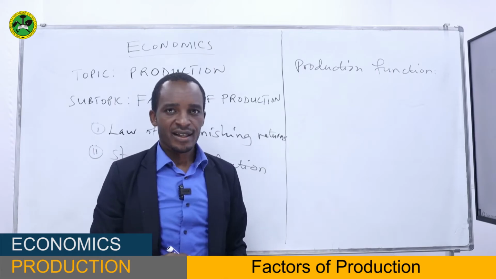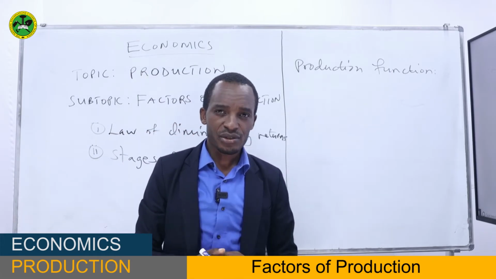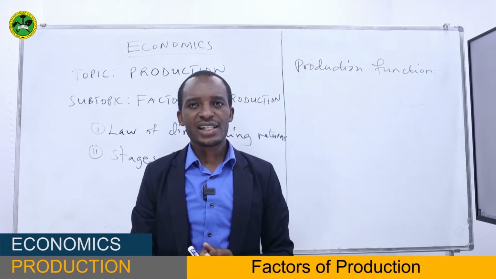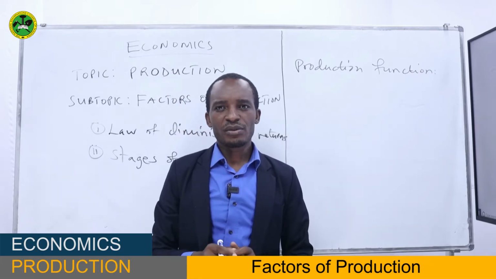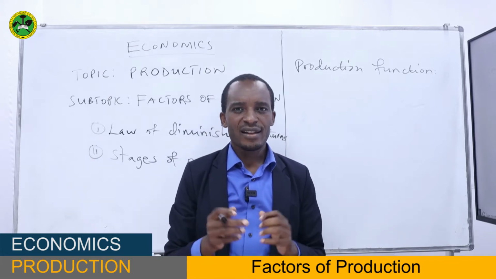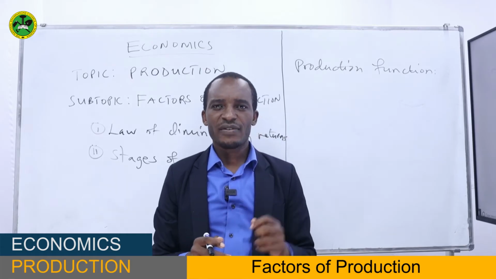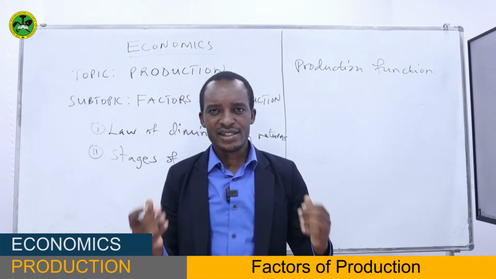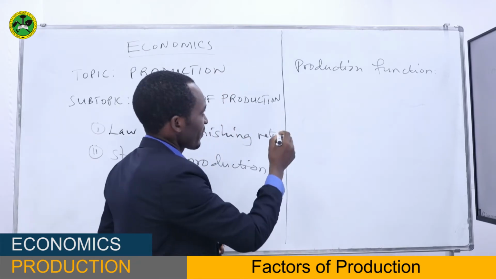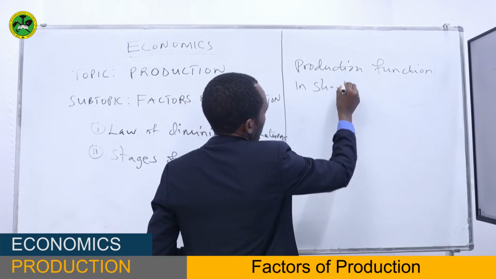We know that under short run, we assume that firms or producers are producing goods or output while other factors are kept constant. So in short run, we assume one variable, especially labor, is changing while other inputs are kept constant. So the production function we are considering is in short run.